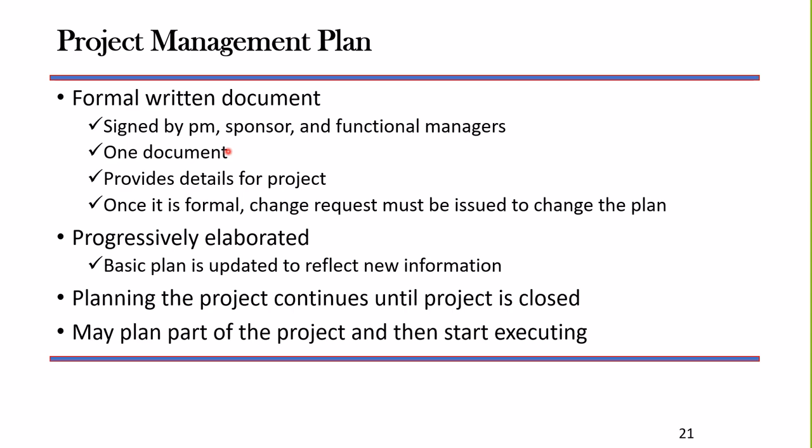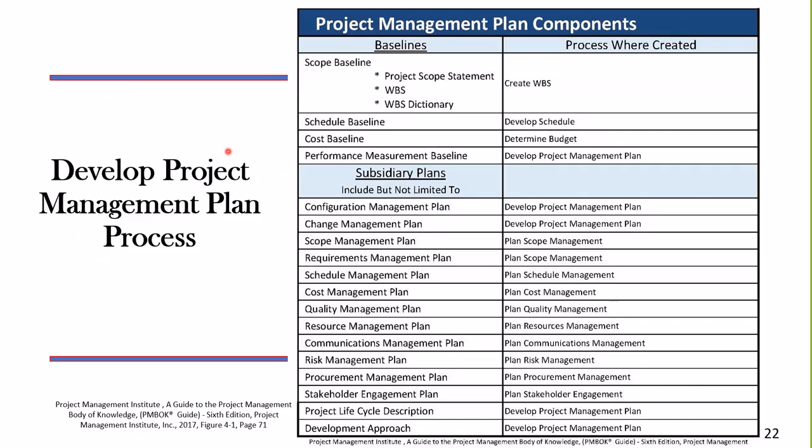That next to last bullet item there is very important. We normally don't complete planning on the project until we close the project out. We're always going to be learning. We're always going to be doing progressive elaboration up until the time we close the project and we transition it to the customer.